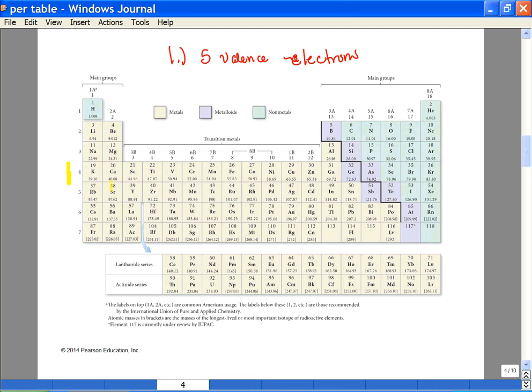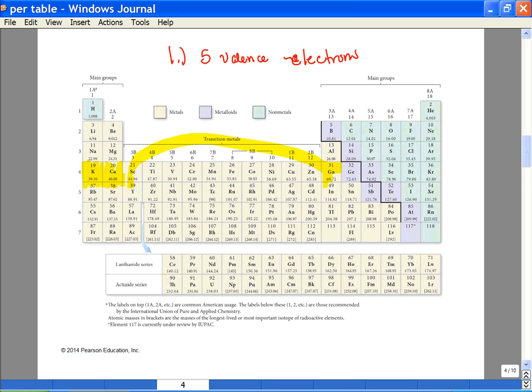So in this row, we got our D's here, but these are inner shell electrons. These are 3D electrons, remember? So the valence electrons are going to be those that are in the higher shell, which is 4, and that's the ones that are here, and they skip completely over the D block and come over here.